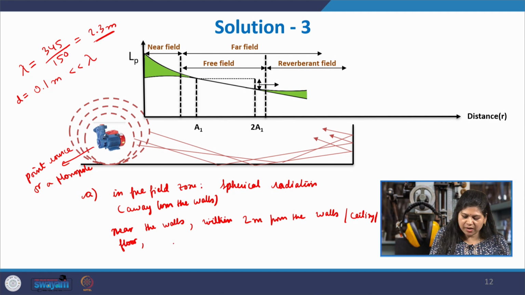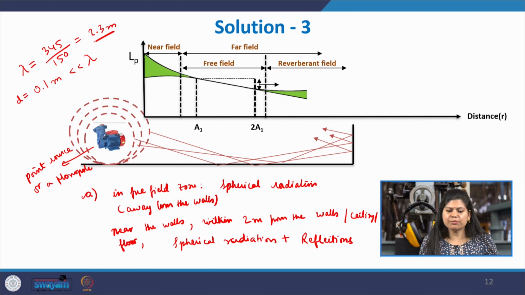So, spherical radiation plus reflection again becomes a complicated field. It does not stay spherical near the walls, so we get a bit of a reverberant field or a diffuse field.